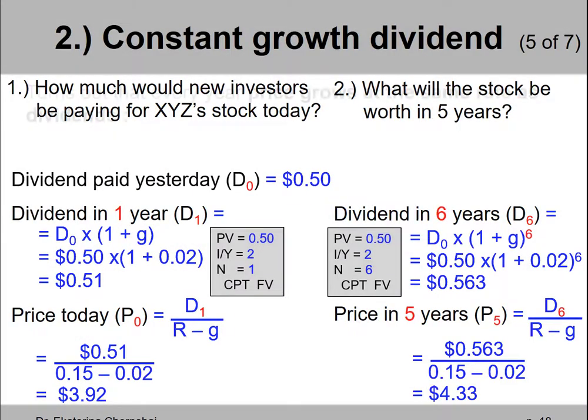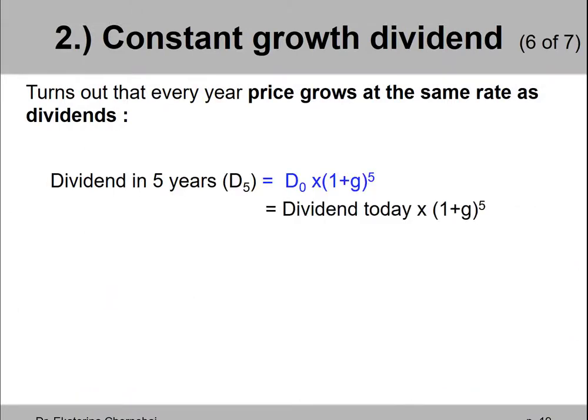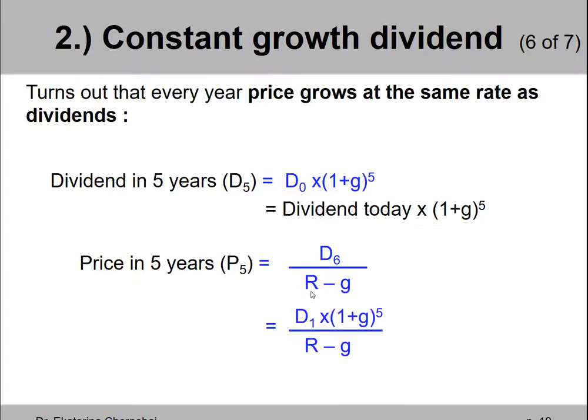Okay, so actually mathematically it can be proven that this will always be the case. To find the dividend in 5 years, for example, we take the dividend today and multiply by 1 plus the growth rate in dividends, G, to the 5th power. To find the price in 5 years, we need to take the dividend in 6 years, right? Always one extra here, over R minus G. Now, what is the dividend in 6 years?